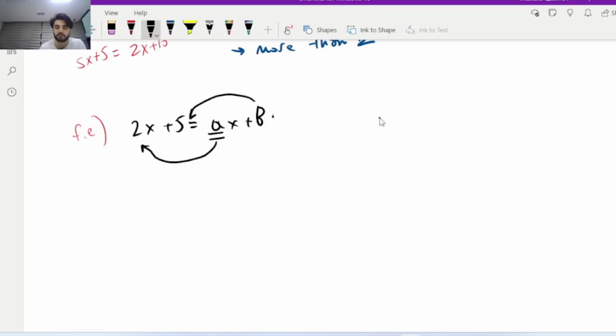Or let's give another example. 2 multiplied by (x plus 5) is equal to 3 multiplied by (ax plus b). For which values of a and b does this equation have no solution?